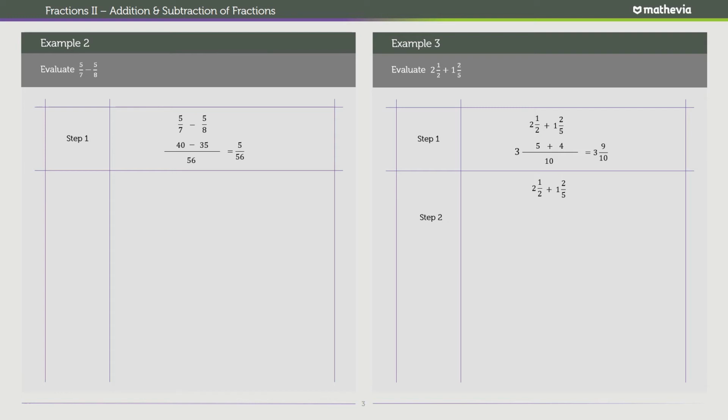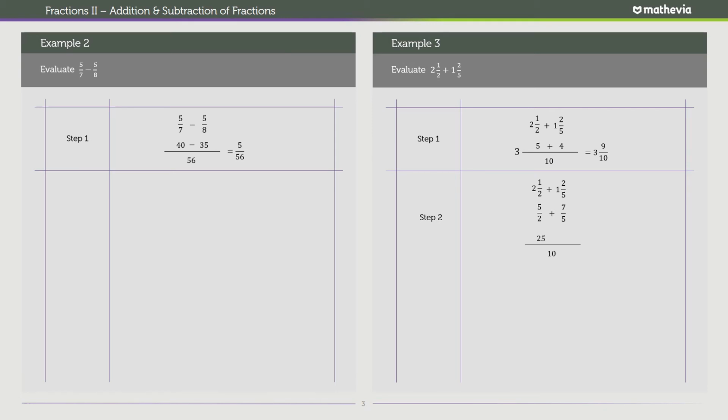Another way we can work this is we can convert the mixed numbers to improper fractions. When we do that, 2 1 over 2 becomes 5 over 2, and then 1 2 over 5 becomes 7 over 5, and we just go ahead and add them like we would every other fraction.